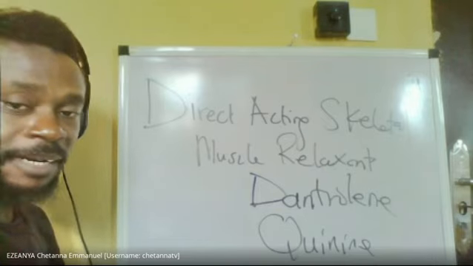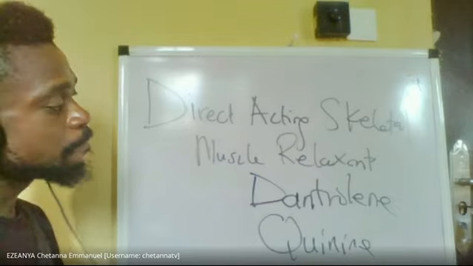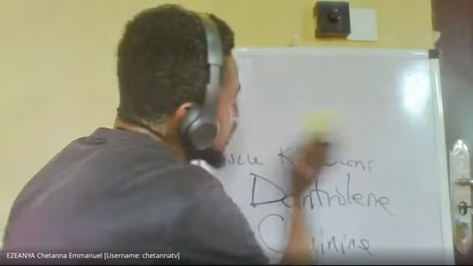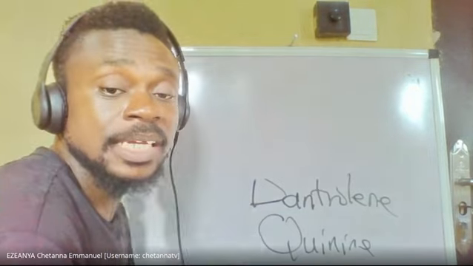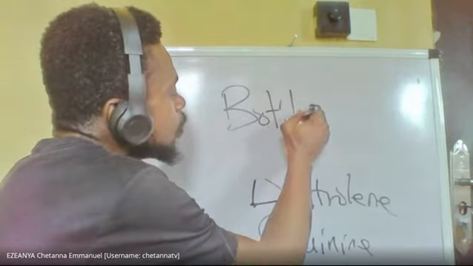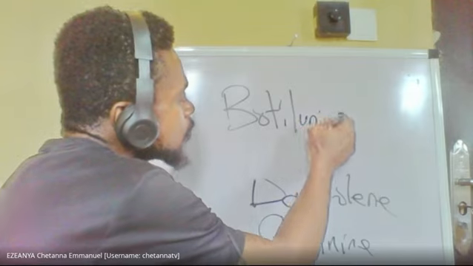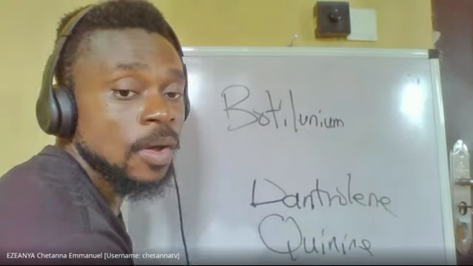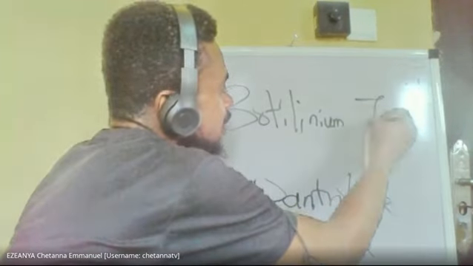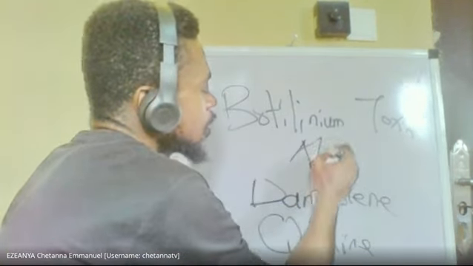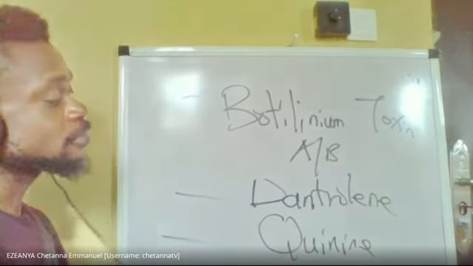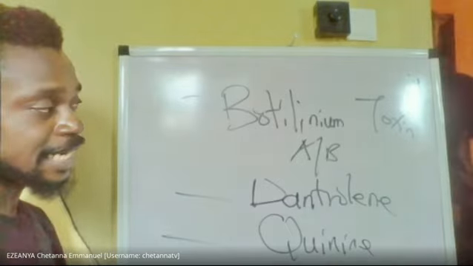There are other examples, even botulinum toxin A and B. These are some of the examples of direct acting ones.